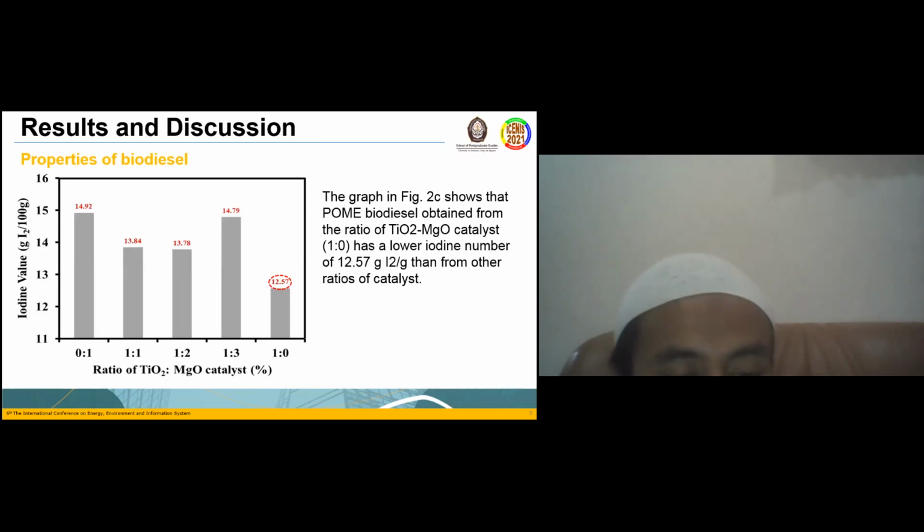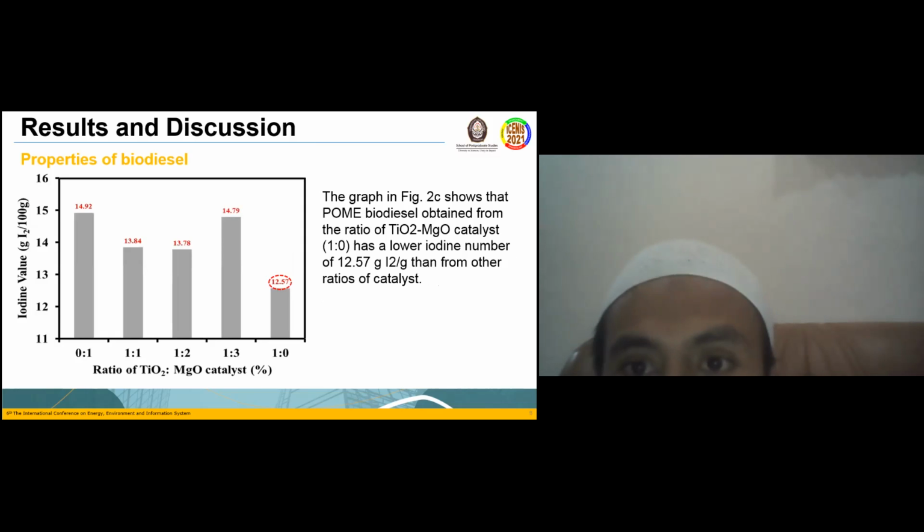Then the iodine number in this study also fulfilled the specification of the ASTM D6751 standard, which can be seen in figure 2C.